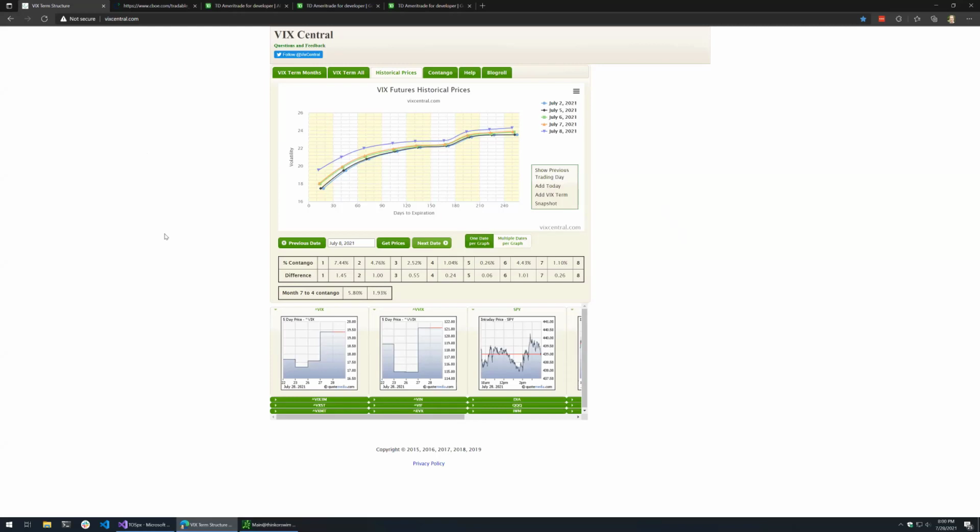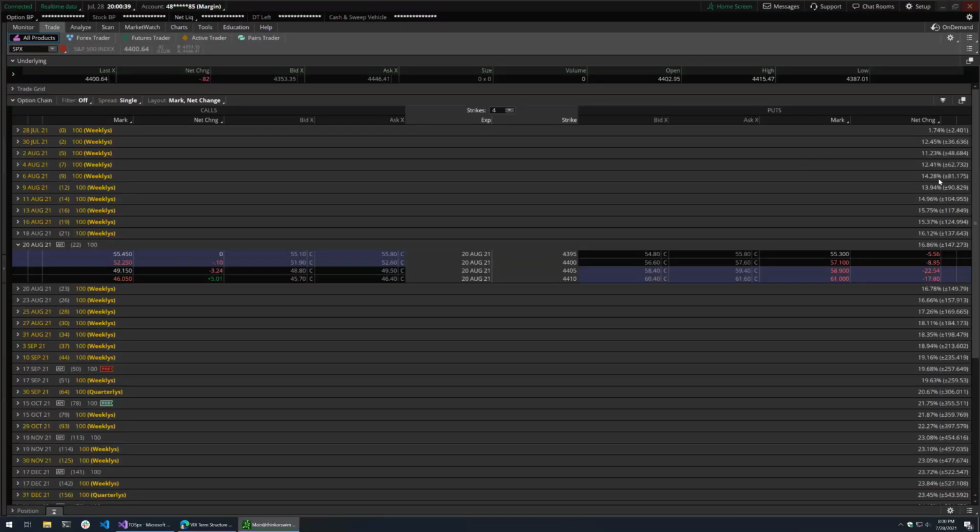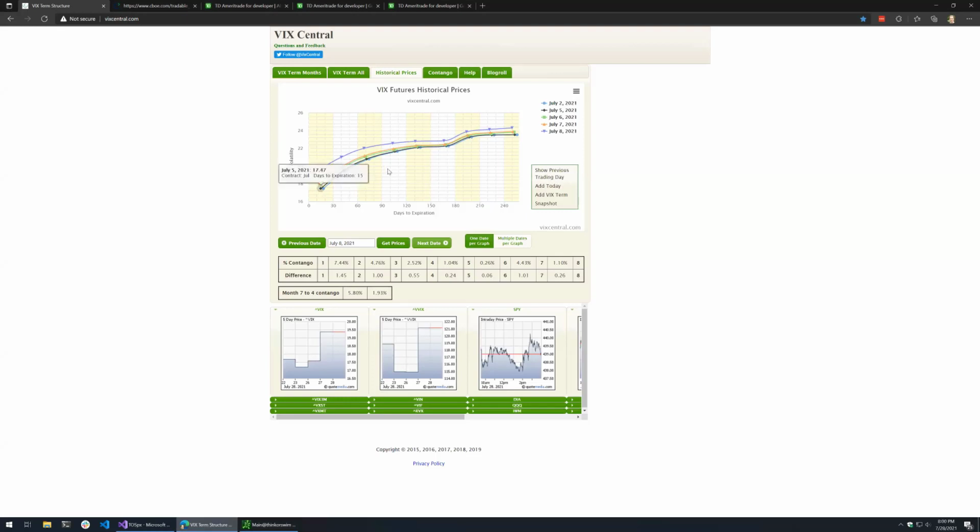So they're pretty far removed, and you can have moves in the options term structure over here that will not always reflect itself in the VIX futures over here.